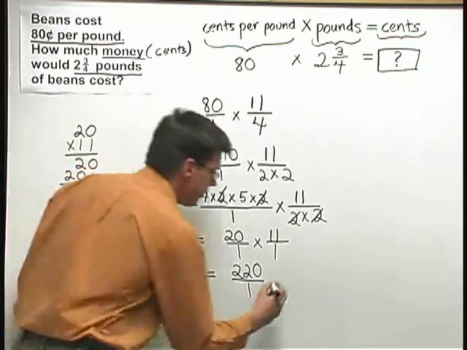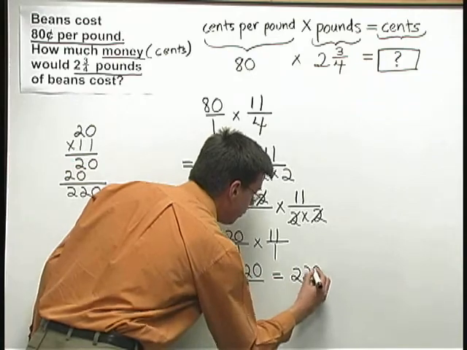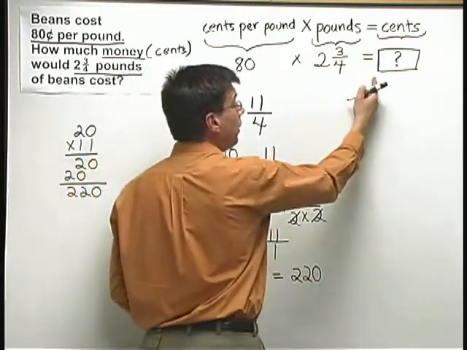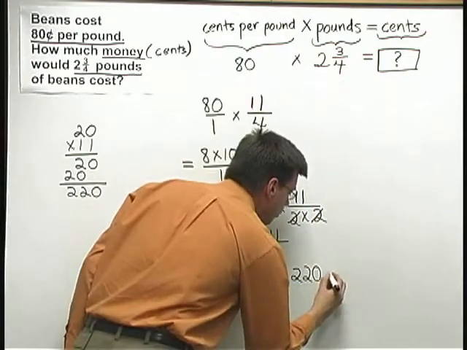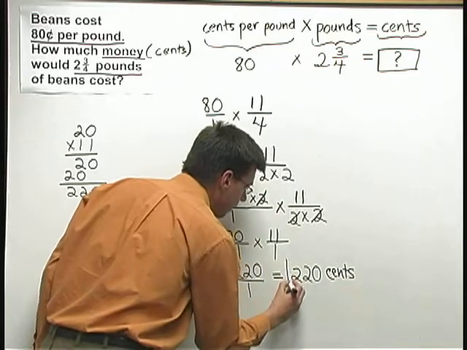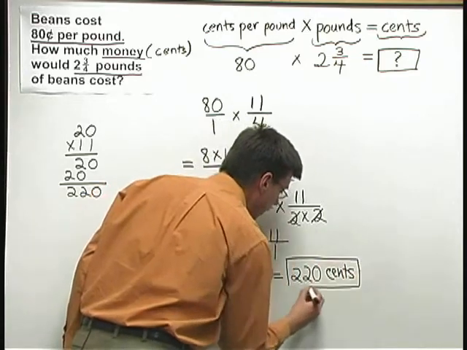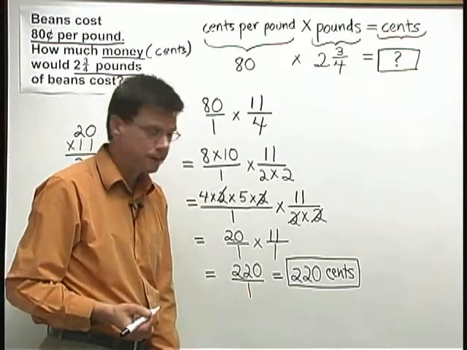That's a whole number answer. My answer here is 220. What were we looking for? We were looking for how many cents? 220 cents is the cost of my 2 3/4 pounds of beans.